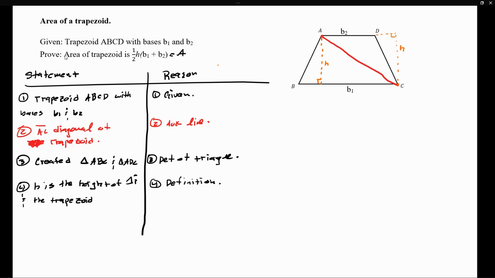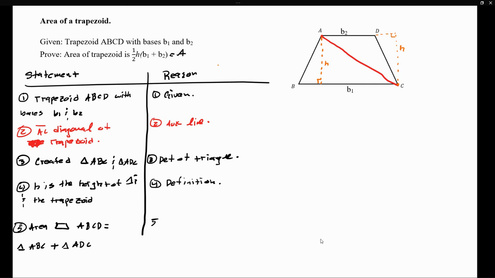Now if we think back to the trapezoid, the area of the trapezoid ABCD can be defined as the area of the lower triangle ABC plus the area of the upper triangle ADC.